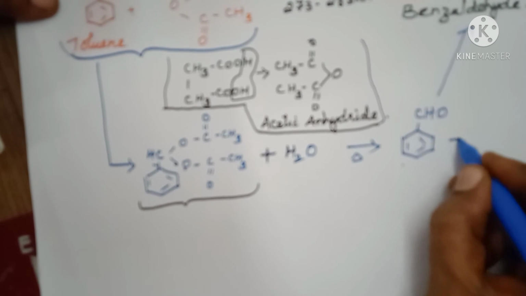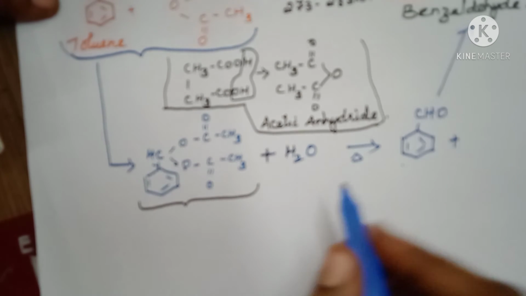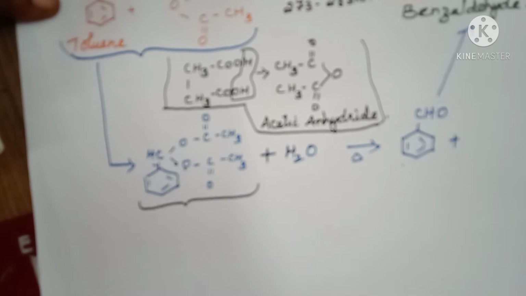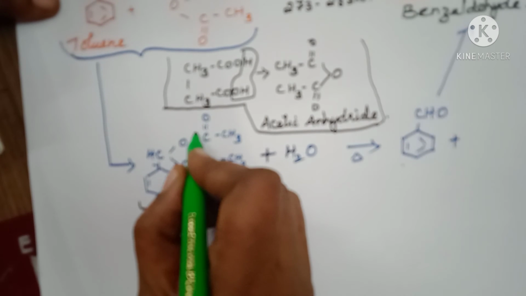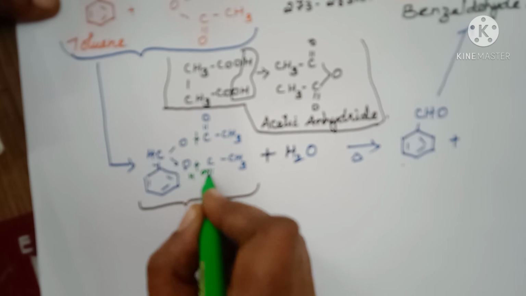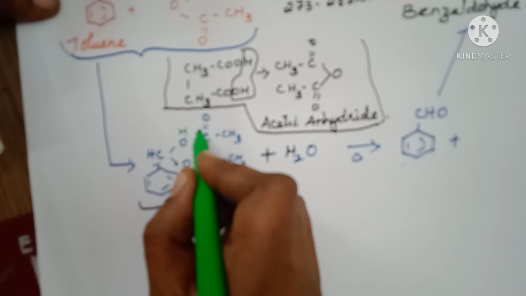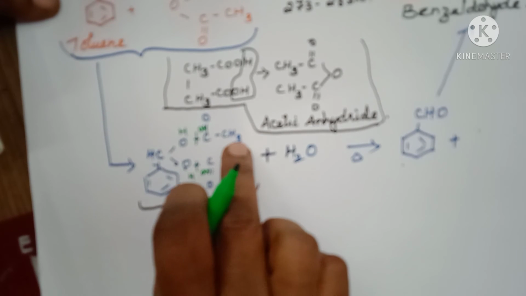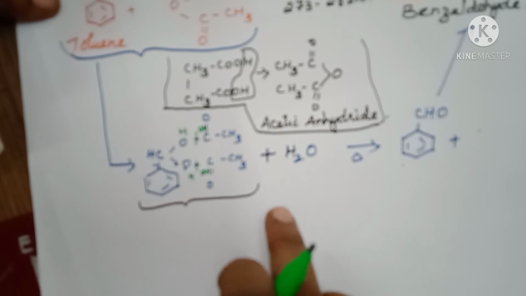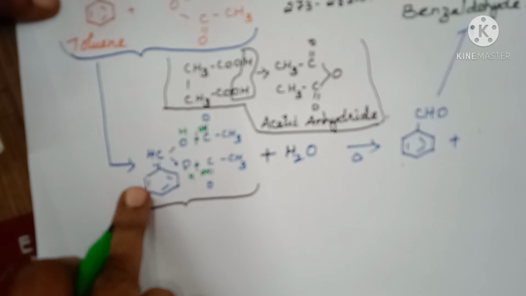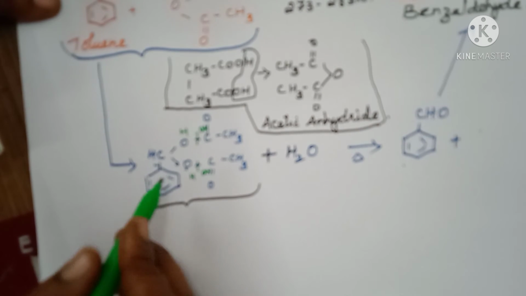Then the side product: when we add a water molecule, the bond starts breaking over here. So the water molecule goes and joins as H and OH, the same way H and OH. So CH3COOH, the same way CH3COOH, and then CH3CHO.